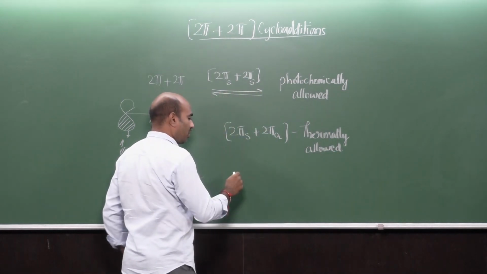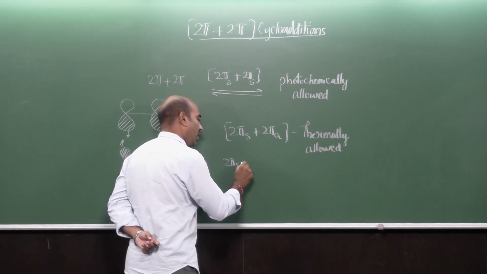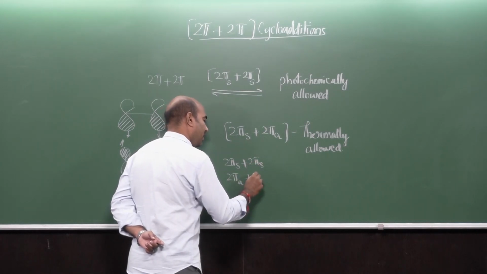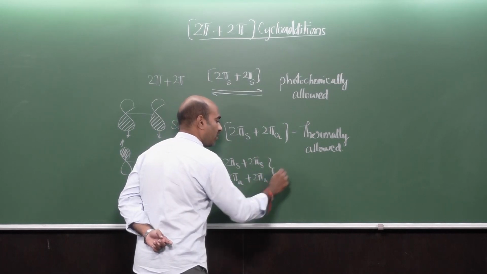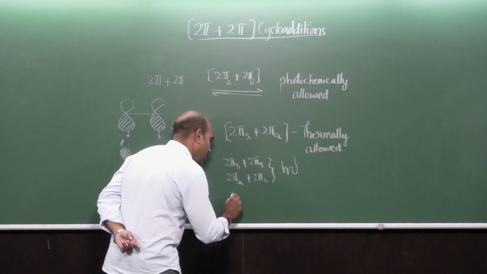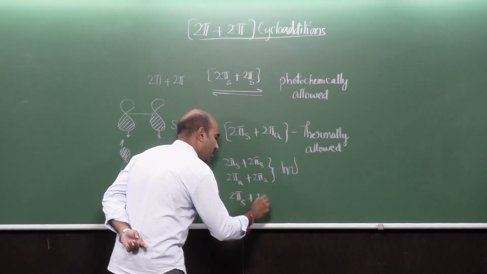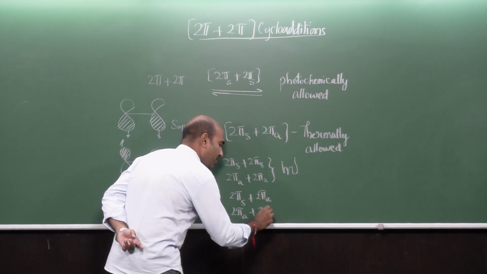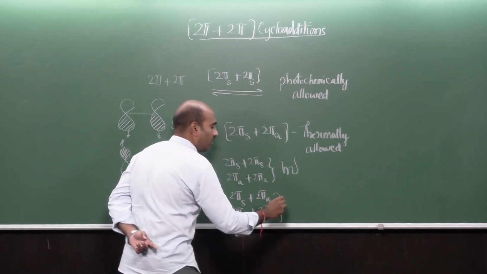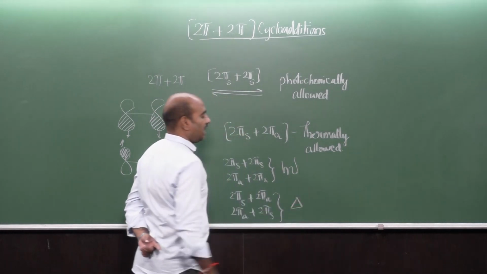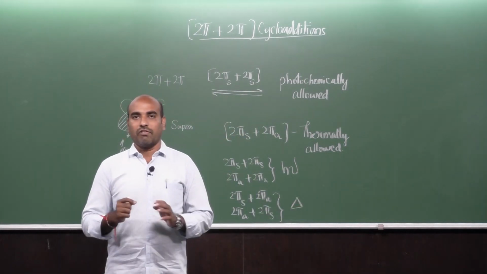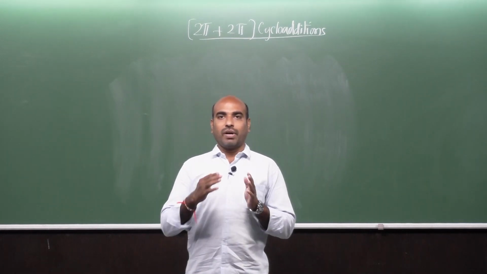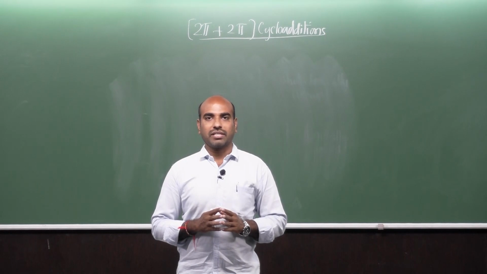In brief, 2π supra plus 2π supra or 2π antara plus 2π antara are photochemically allowed. 2π supra plus 2π antara or 2π antara plus 2π supra are thermally allowed as per the Woodward-Hoffmann rules.